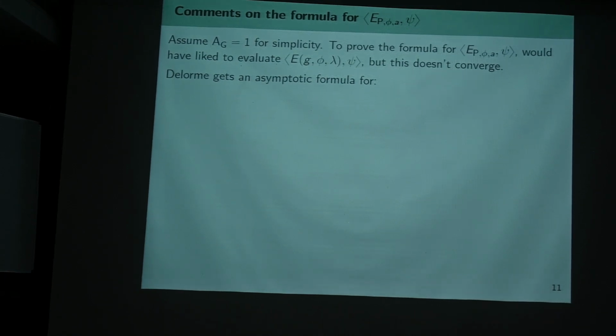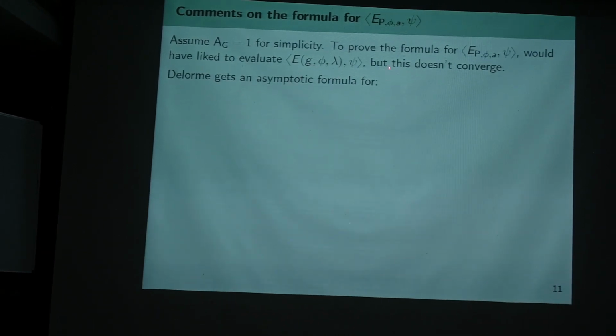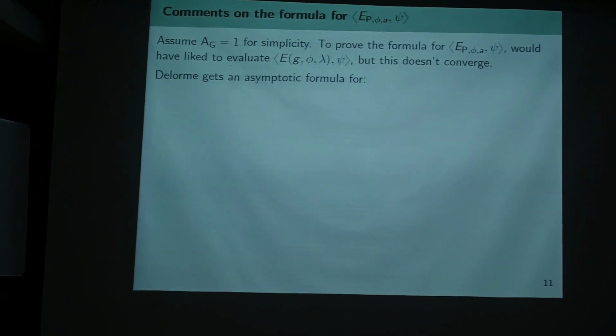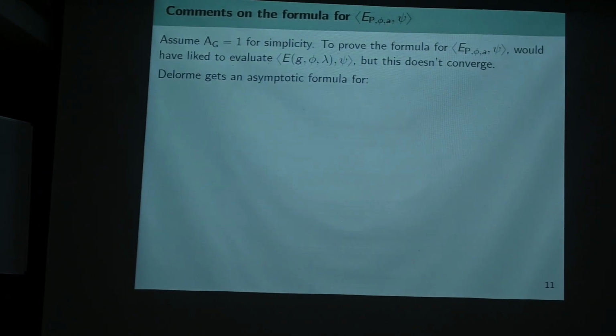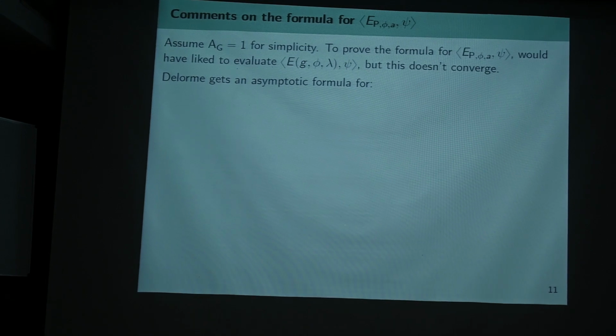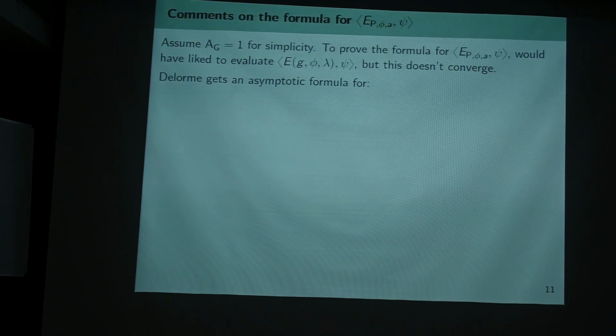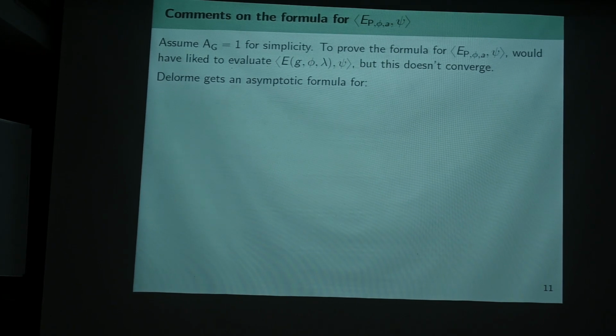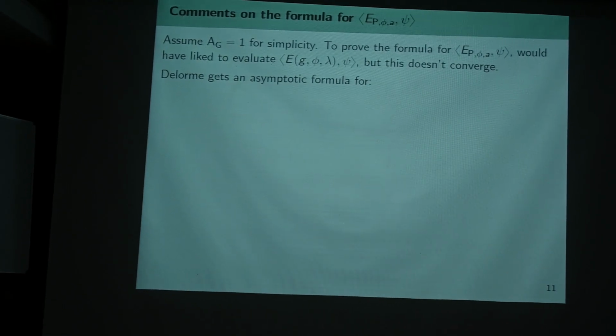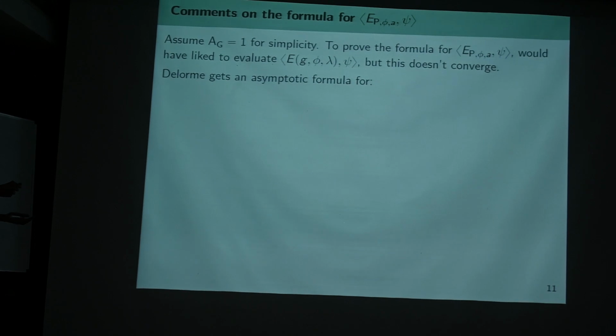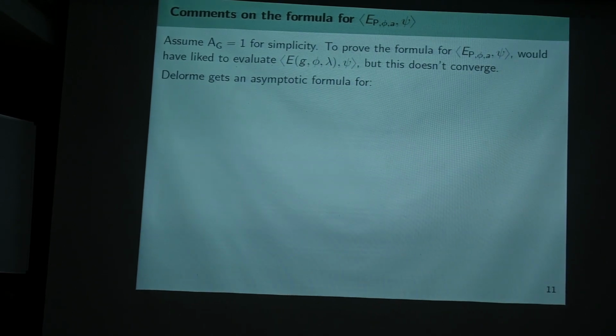So the obvious question is, can you pair an individual Eisenstein series with psi? This is similar to the kind of things that we saw at the beginning of the talk. But this doesn't make sense because psi is only tempered, so this pairing is not going to converge. One obvious thing might be to truncate the Eisenstein series, but that's not what Delorme does.